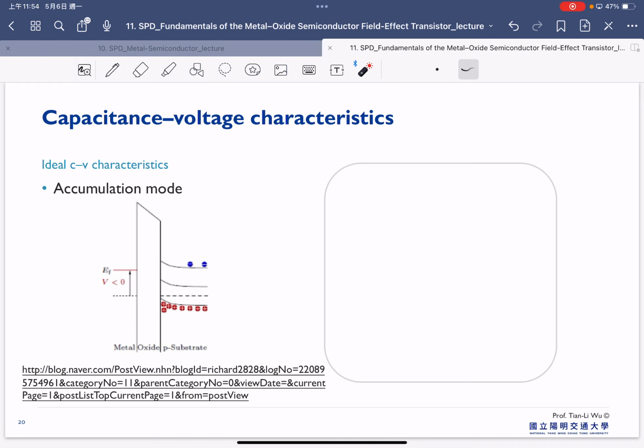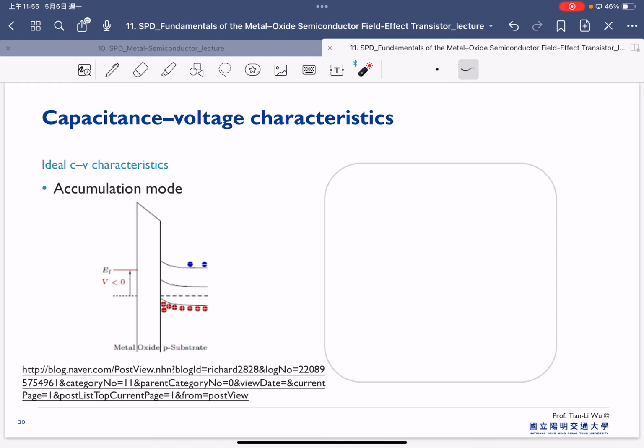Since we have already discussed a lot about the MOSFET, one important characteristic we need to understand is the capacitance-voltage characteristic, which we usually call the CV characteristic. This is important because CV is not only useful for the MOSFET, it's useful for all kinds of semiconductor technology. And here, first of all, we consider the accumulation.